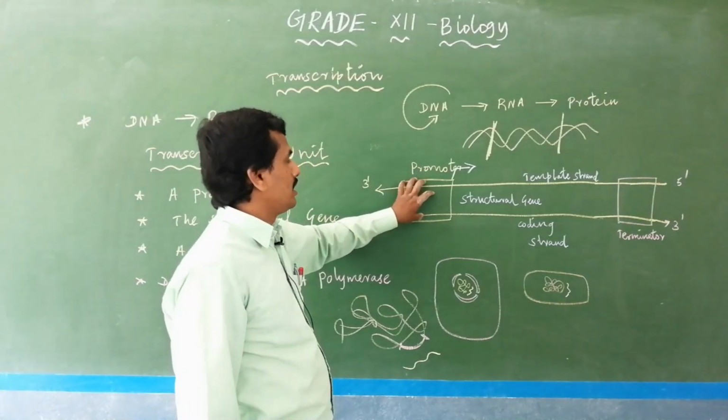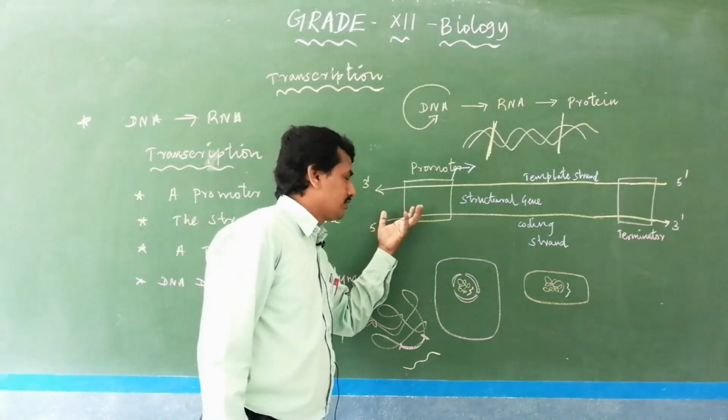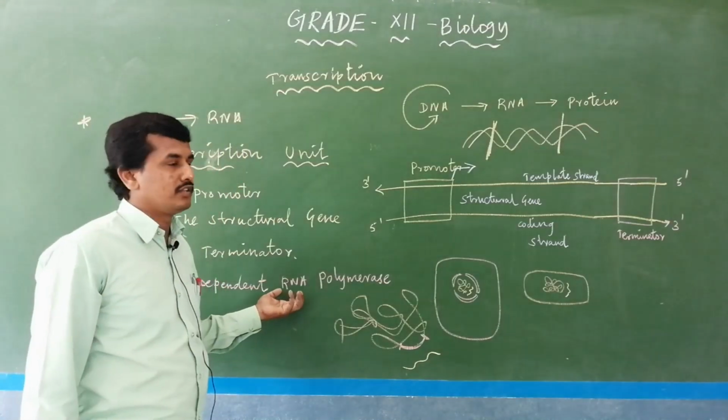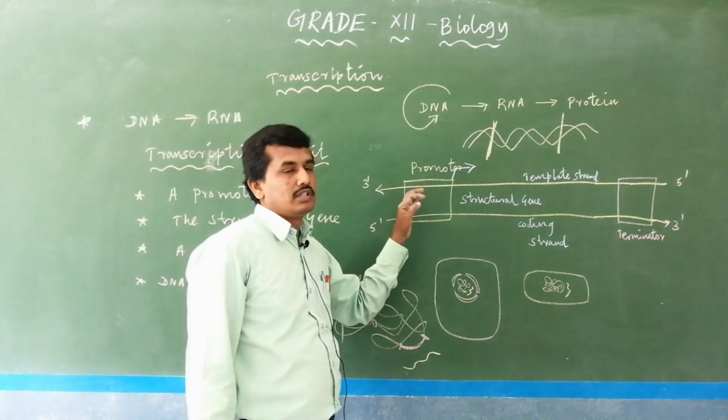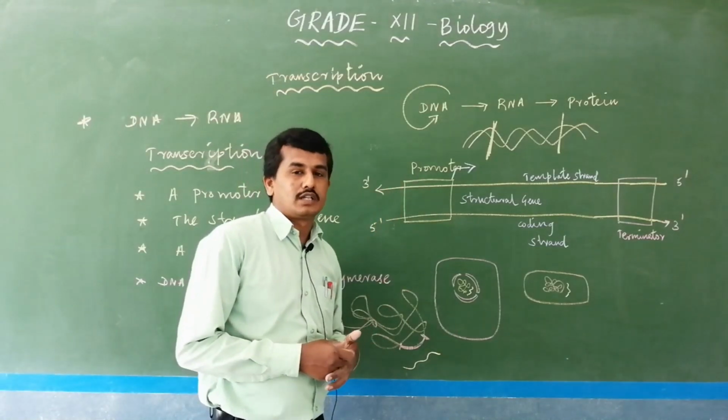That particular part is known as the promoter. In the DNA segment, the RNA polymerase gets fixed at one particular place, and that place is the promoter.